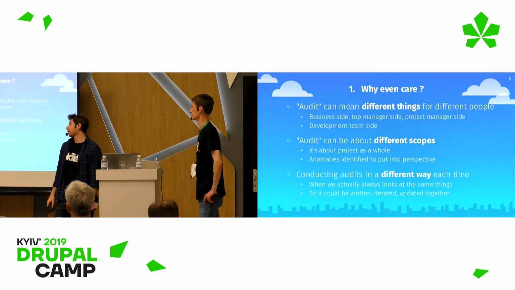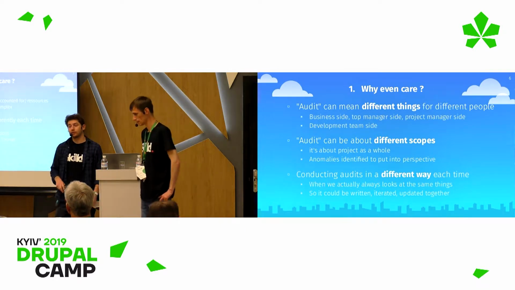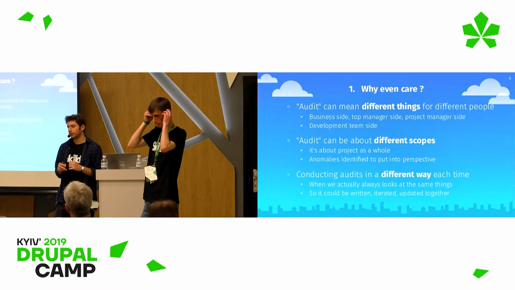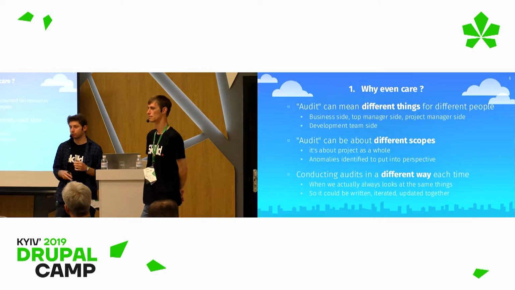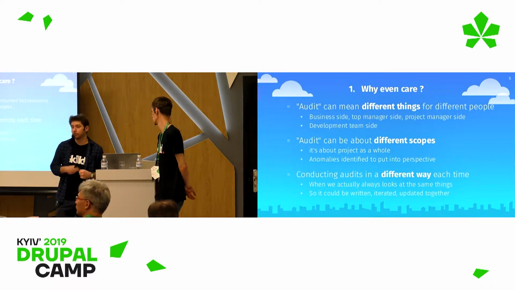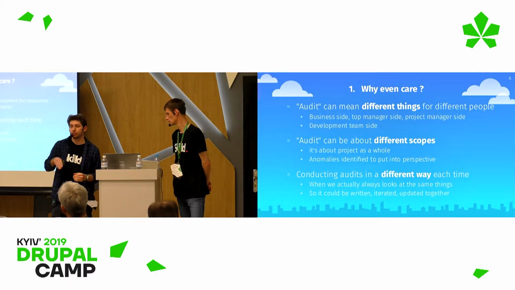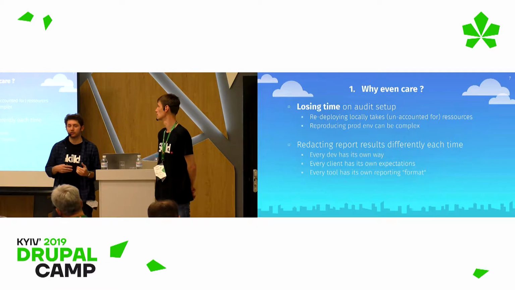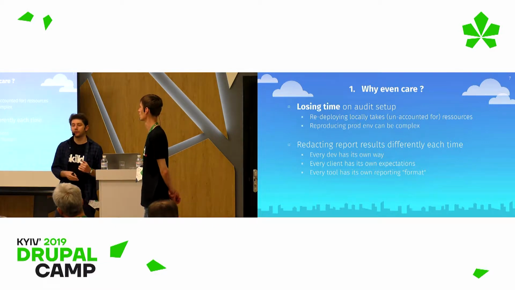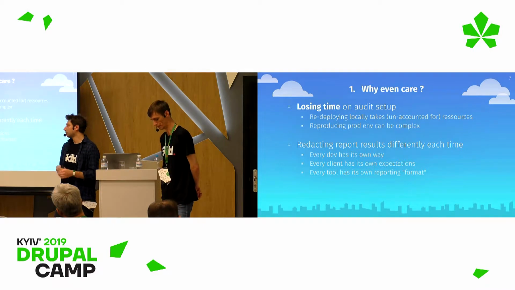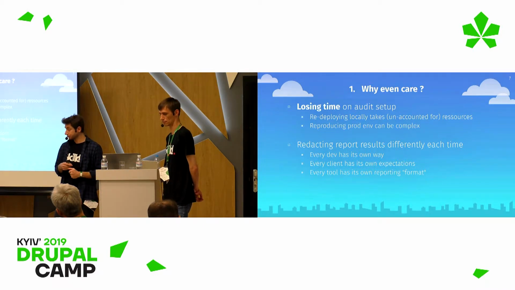Fourth point, often at the beginning of the audit, we usually try to set up some kind of local environment that tries to reproduce the production environment of the client in order to spin up the site and just be able to browse it and to check some functionality and how it's done and go through the structure menu of Drupal and see the content types, the vocabularies and all this stuff.